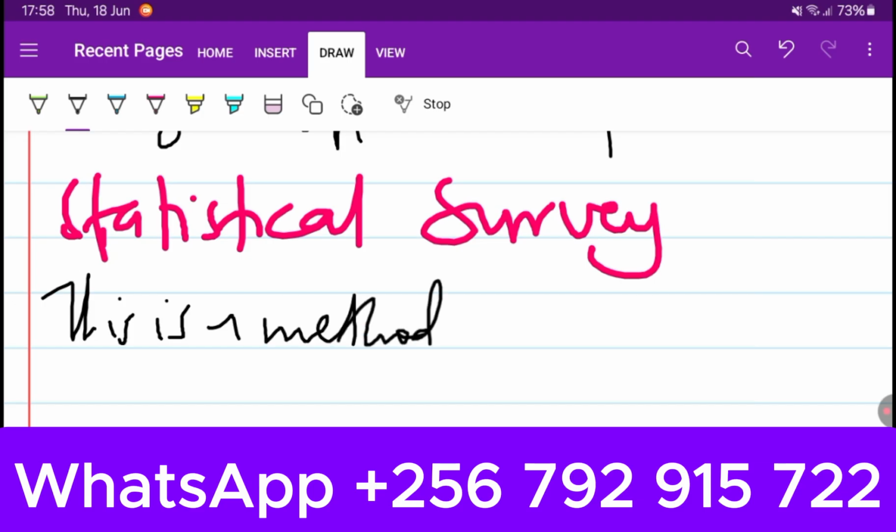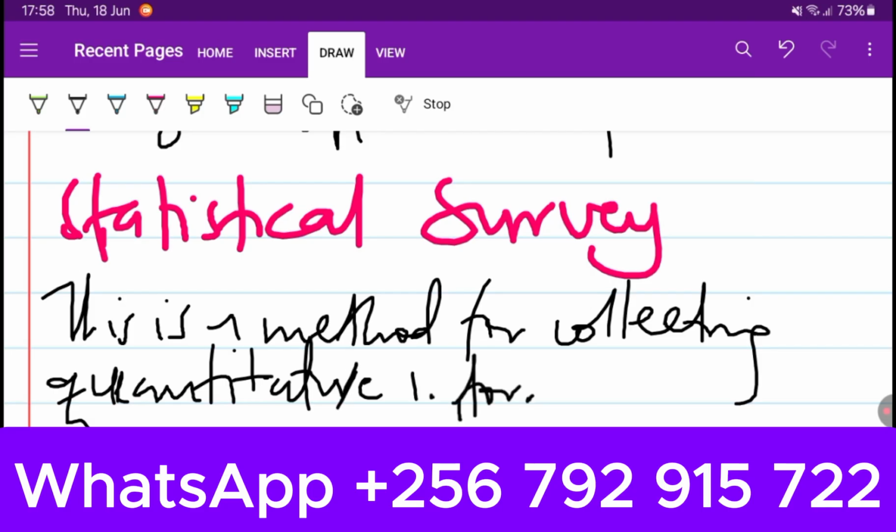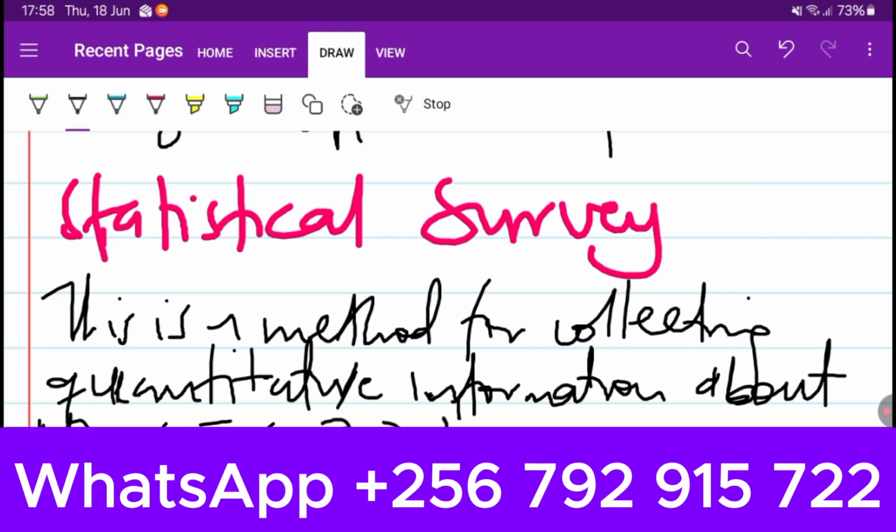This is a method for collecting quantitative information about items in a population, or these could actually be structured questionnaires distributed to individuals to gather mainly quantitative information.